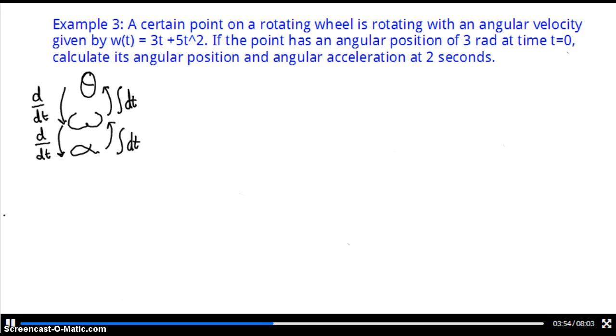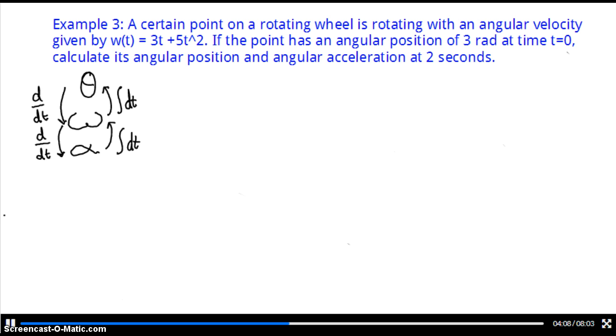Alright, now for our last example, example 3, and forgive me if I rush here, my battery is about to die on the tablet. So example 3, I said a certain point on a rotating wheel is rotating with an angular velocity given by the equation.